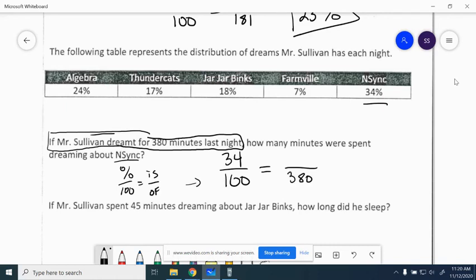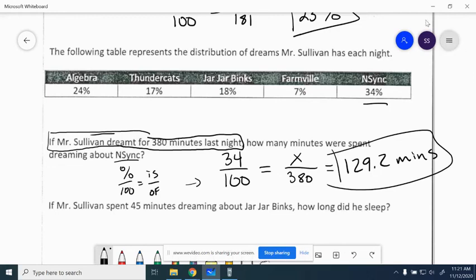And now if we want to figure out how many minutes he's dreaming about NSYNC, that's going to go on top. And again, now we're just going to cross multiply and divide. So we're going to do 34 times 380, divide that by 100, and we get 129.2. And we should label this, we're talking about minutes, so this is 129.2 minutes.